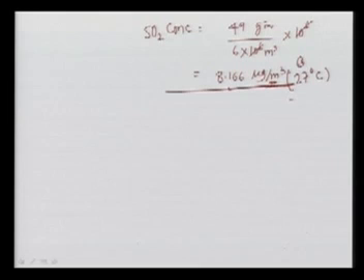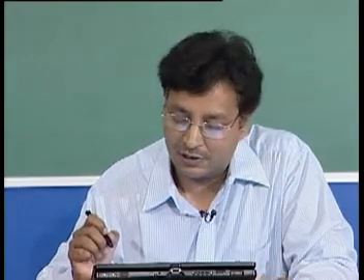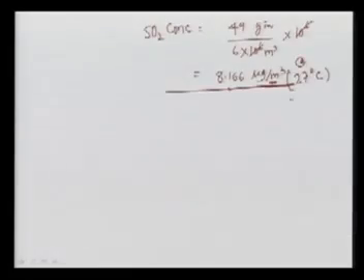What I was trying to say is that at 27 degrees Celsius, because the village temperature is 27 degrees Celsius, but our standard is at 20 degrees Celsius. So we must convert this concentration to 20 degrees Celsius. Again I follow the method V1 upon T1 equals V2 upon T2.